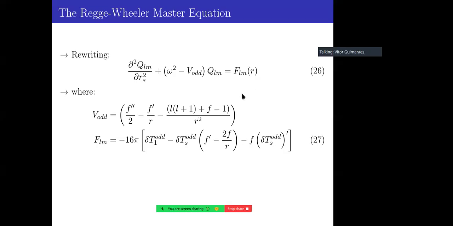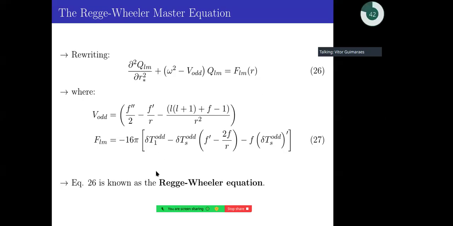So this is the function f. I substituted here the expressions for a and b, such that this is what we end up with. This is the source. And this, my friends, is the famous Regge-Wheeler equation.